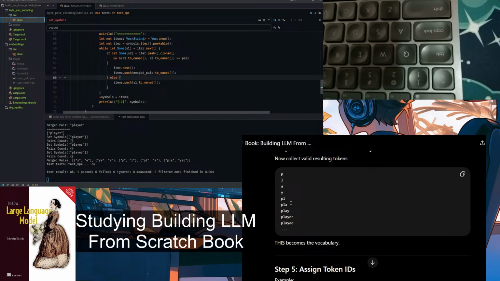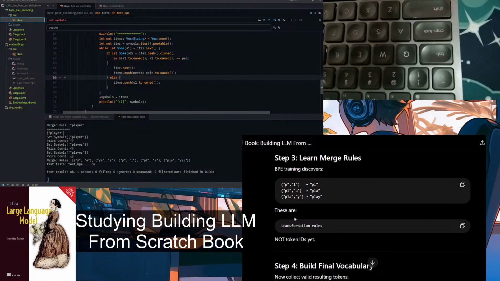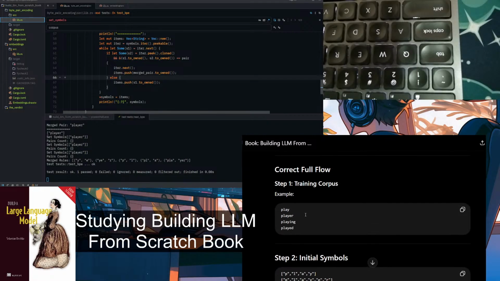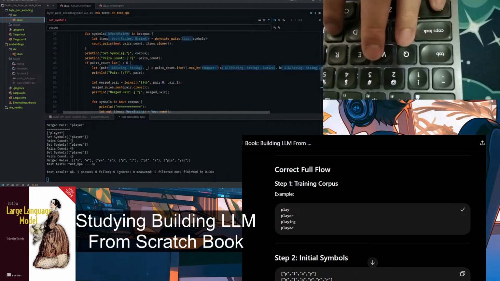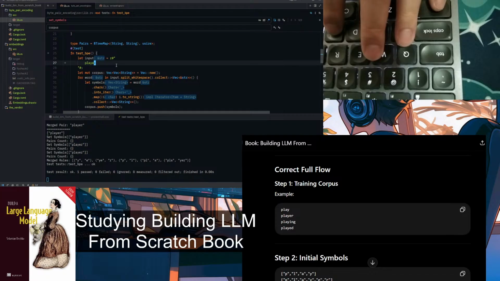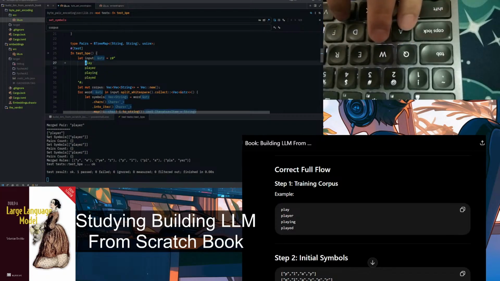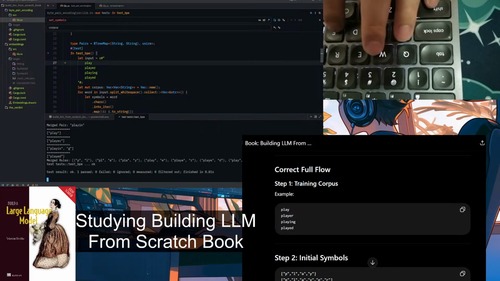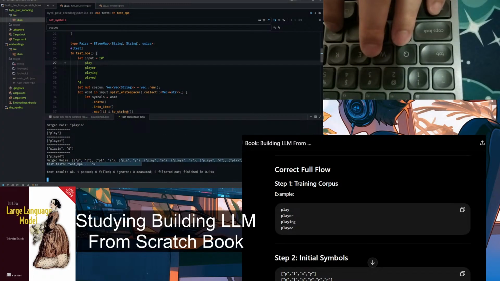PLAY. It doesn't make sense to me. So I have this PLA.